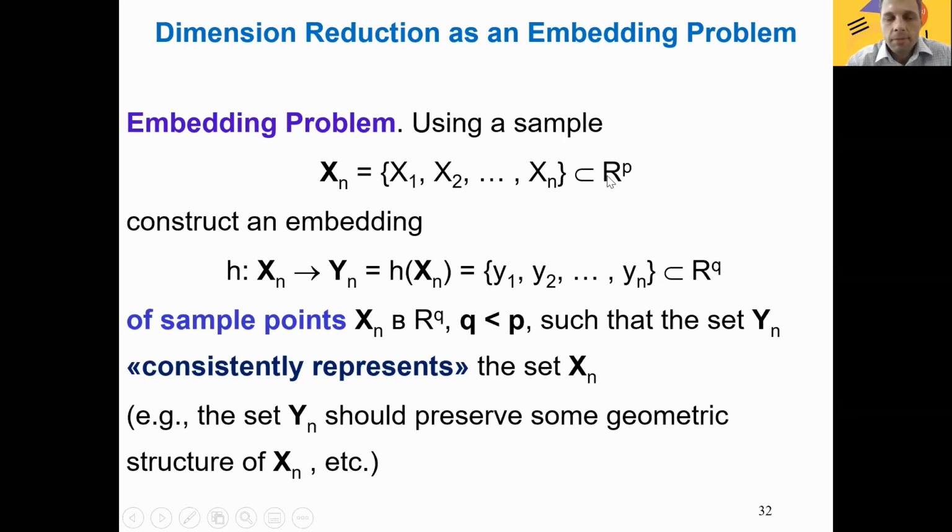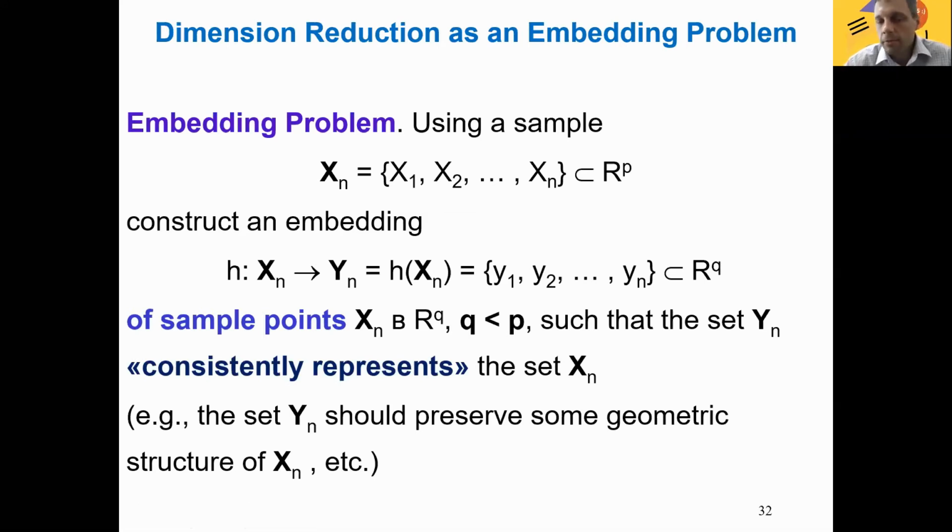Each point is a p-dimensional vector, and we would like to construct an embedding which for each point x from this sample returns some point y with the number of parameters q, which is smaller than p, such that this new set of points consistently represents the initial set of points x. I would say that this problem statement is the most widely used in practice. And the set y should preserve some geometric structure of x.